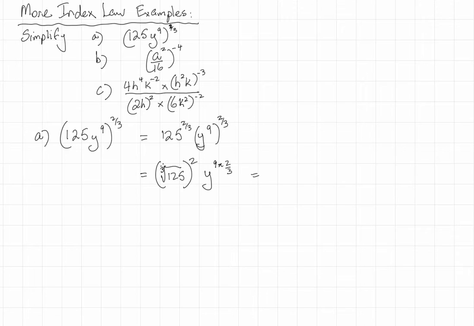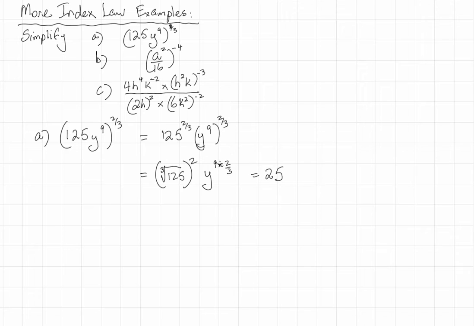And cube root of 125 is 5, and we've got 5 squared, so that's 25. So the cube root of 125, a number multiplied by itself 3 times: 5 times 5 is 25, another 5 times 25 is 125, so that's good. And then we've got to square the 5 to get the 25.